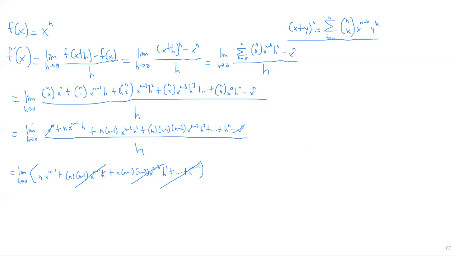It's like h is equal to 0, h squared is equal to 0, h to the power of n minus 1 is equal to 0. So they all equal 0 except the n times x to the n minus 1 term. So f prime of x is thus proven to be n x to the n minus 1. You've already seen this.